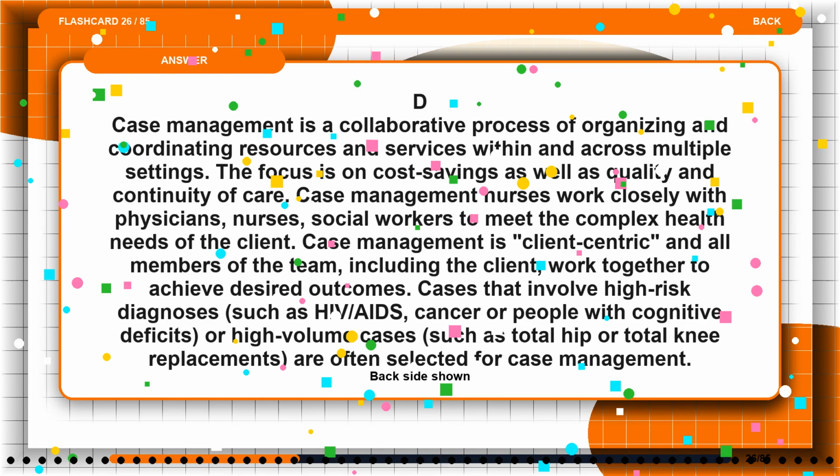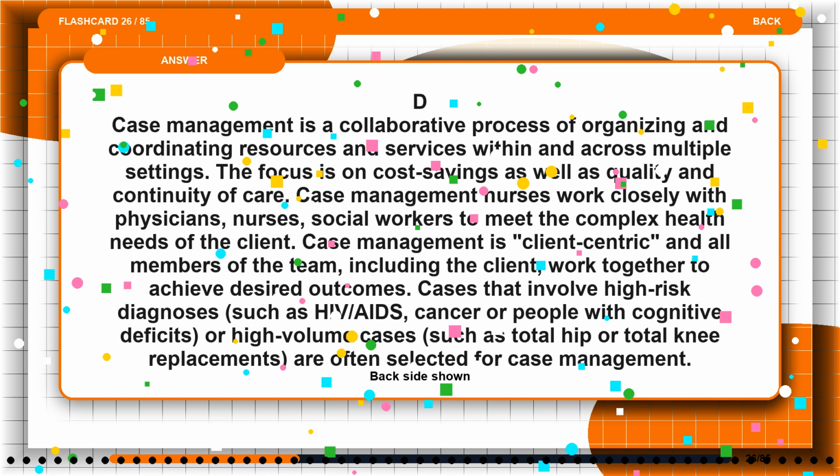The answer is D. Case management is a collaborative process of organizing and coordinating resources and services within and across multiple settings. The focus is on cost savings as well as quality and continuity of care. Case management nurses work closely with physicians, nurses, and social workers to meet the complex health needs of the client.